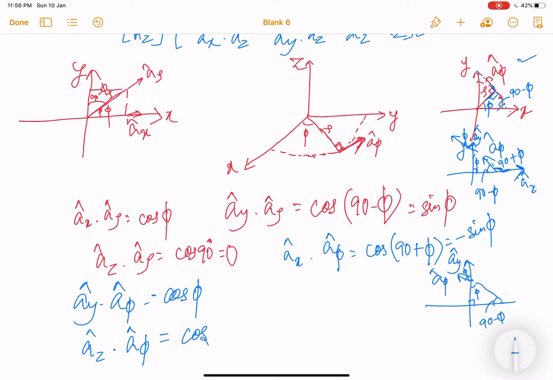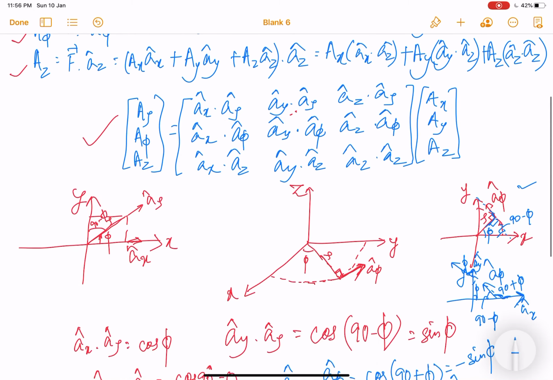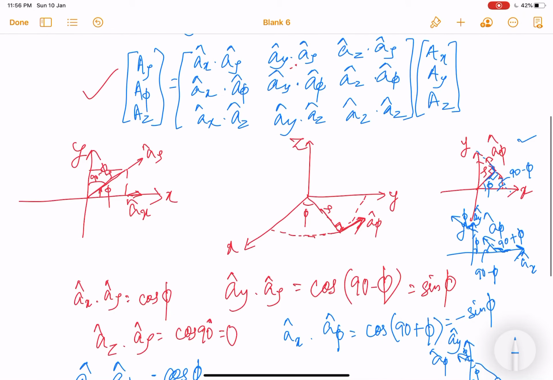So it's cos of 90 degrees, and that will be 0. Then next, ax cap dot az cap and ay cap dot az cap. X, y, z are all 90 degrees to each other, so this will be 0, and this also will be 0. And az cap dot az cap will be 1.